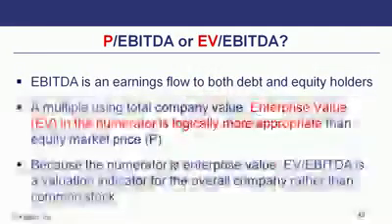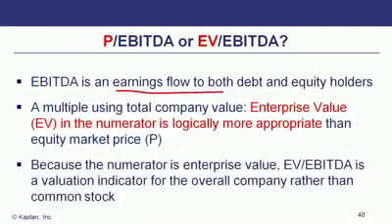So, looking at price to EBITDA or enterprise value to EBITDA. Now, we briefly touched upon this, given that EBITDA does not have the interest component in there. Now, keep in mind, since we are saying that it is pre-interest, the cash associated with the interest being available to equity holders is not really appropriate. So think about it. EBITDA is the earnings flow for both what?